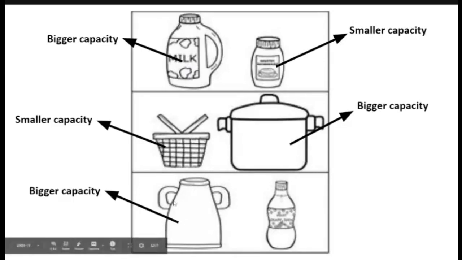Now, let's look at this container and this bottle. This container has bigger capacity. We can put a lot into it. And this bottle has smaller capacity. We cannot put so much water into it.